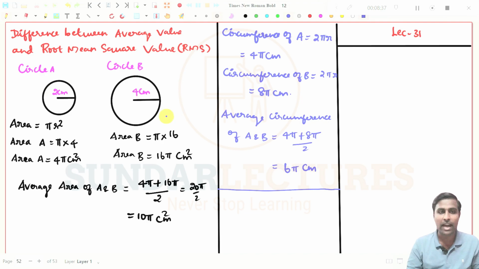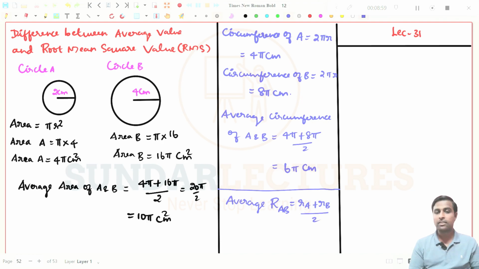How will you find the average value of radius between these two circles? I will write it as RAB, the average radius, which will be equal to RA plus RB divided by 2, right?